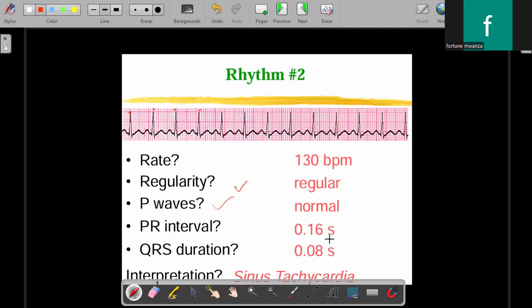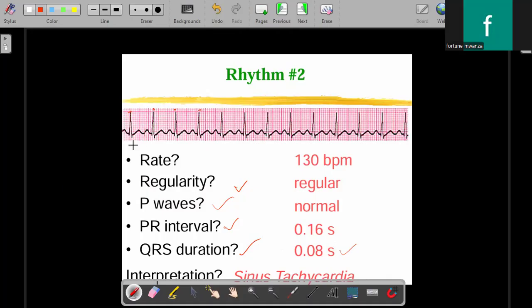So it's within the normal range. The QRS duration: from where the QRS complex starts to where it ends, you find that there are 2 boxes. You multiply by 0.04, you're going to get 0.08 seconds. So it's normal as well.